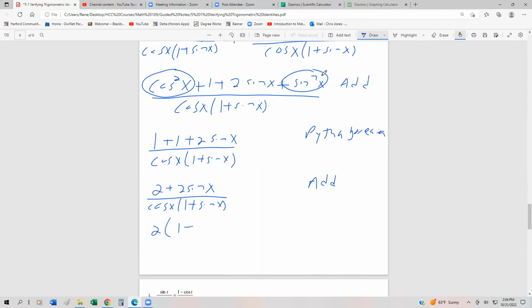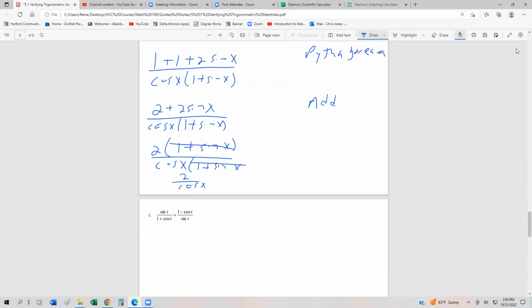So 2 times 1 plus sine x divided by cos x times 1 plus sine x. Right? And now we can clearly see that there's a common 1 plus sine x between the numerator and denominator. And so we're going to cancel those out. That's going to leave us 2 over cosine of x.